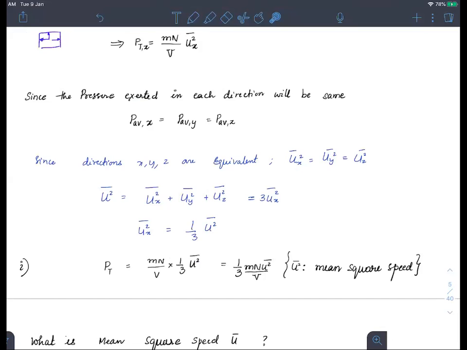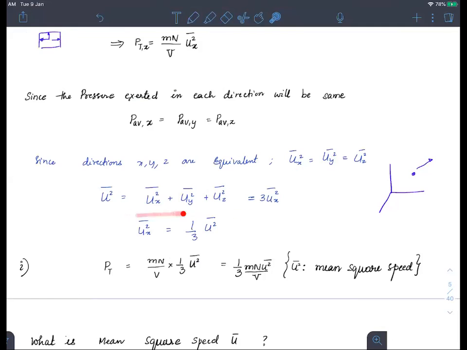So if you write something like this, imagine a particle is moving, right? A particle is somewhere here and it is moving in 3 dimensions. If I try to find the mean for those particles, I can write its x component, y component and z component.